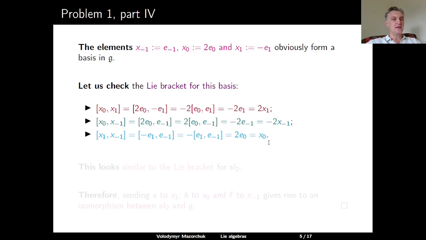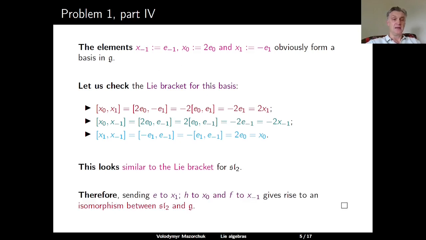And now we see that the Lie bracket in the basis x minus 1, x0, and x1 looks exactly like the Lie bracket for the standard basis of SL2. And this means that sending E to x1, H to x0, and F to x minus 1 gives an isomorphism between SL2 and G. This completes the solution of problem 1.